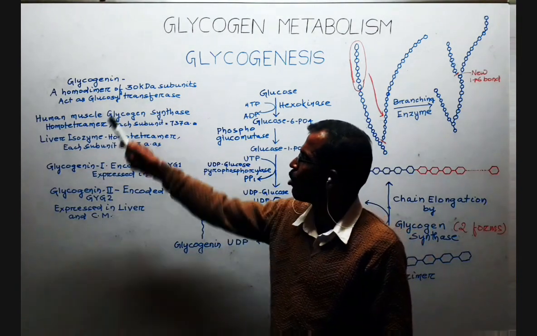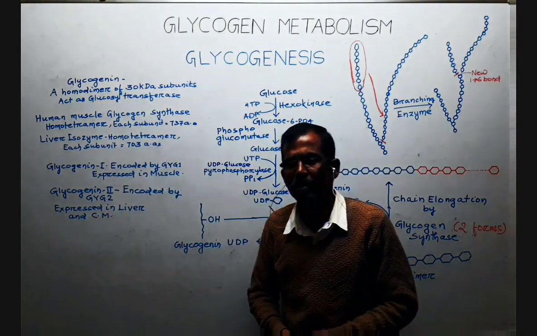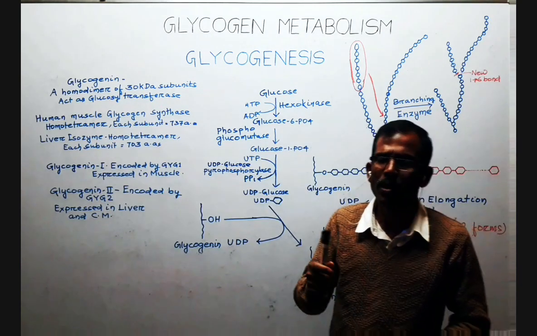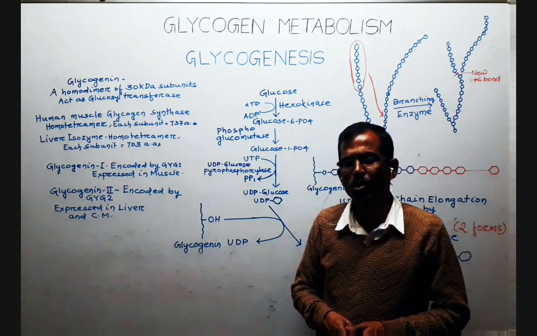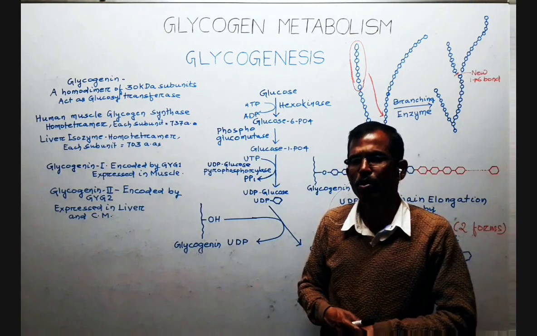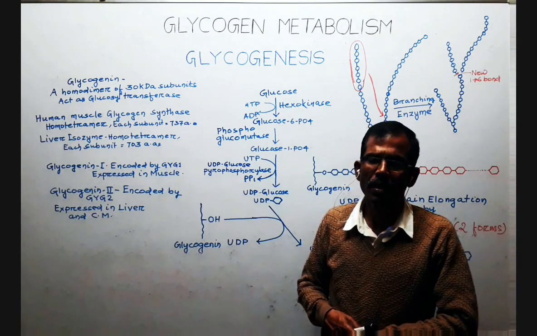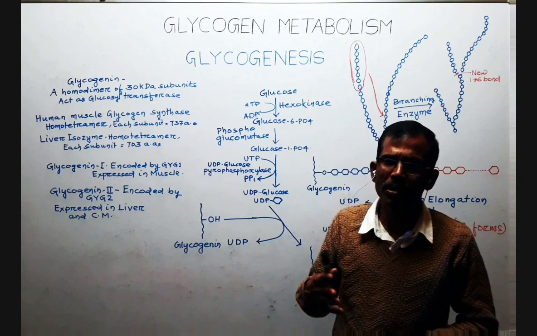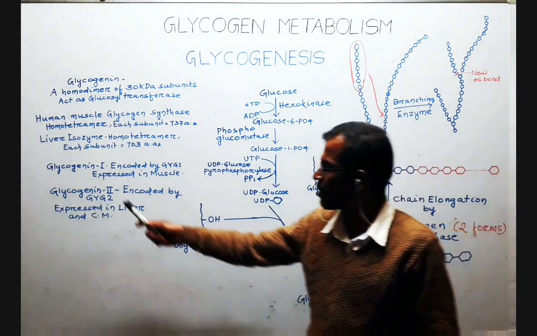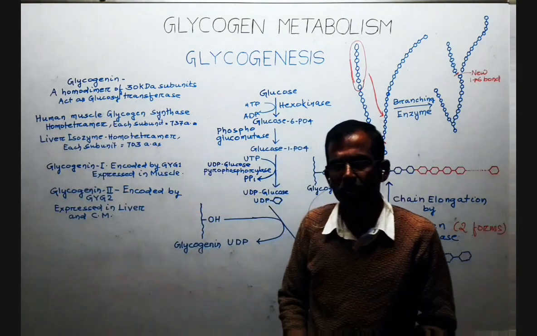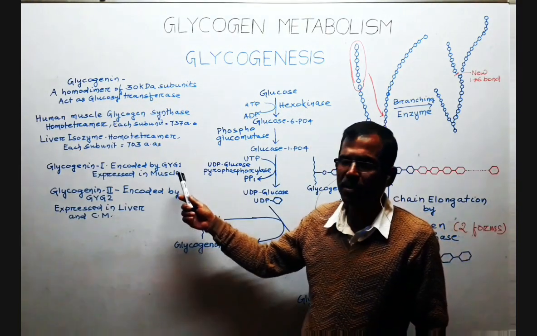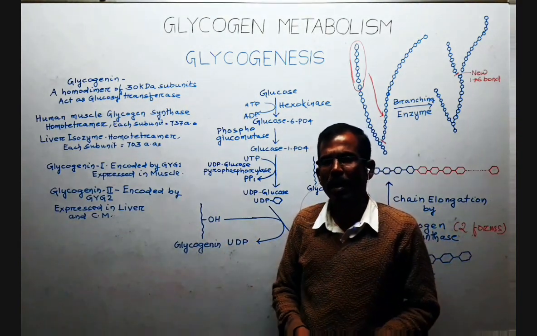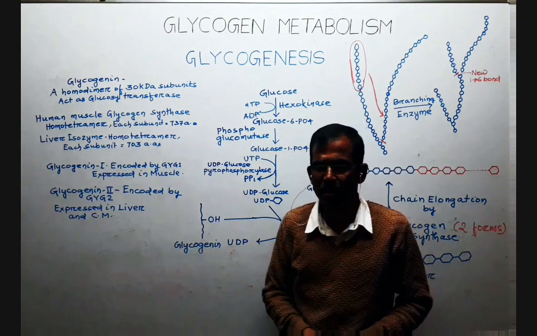It is a homodimer of 30 kilodalton subunits. This protein acts as a glucosyl transferase. In humans, there are two isoforms of glycogenin. One is glycogenin 1. It is encoded by GYG1 and is expressed in muscle.